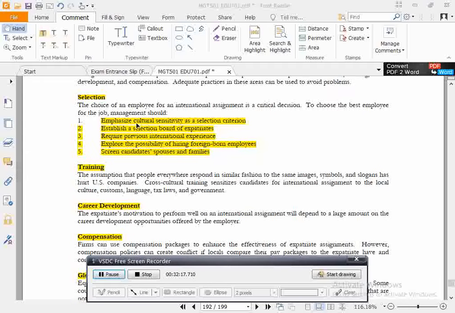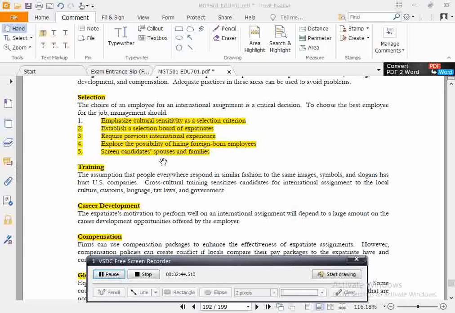Selection: emphasize cultural sensitivity as a selection criterion. Establish a selection board of expertise. Require previous international experience. Explore the possibility of hiring foreign born employees.